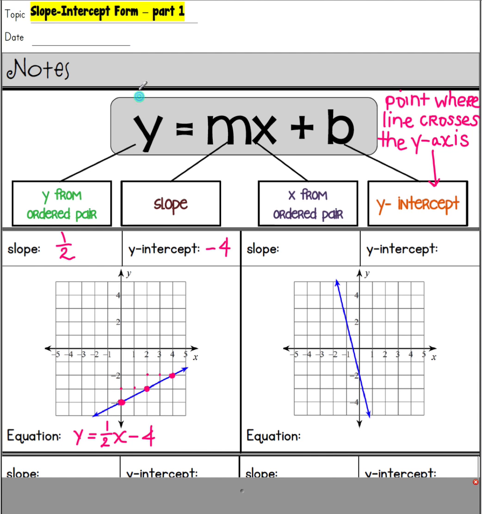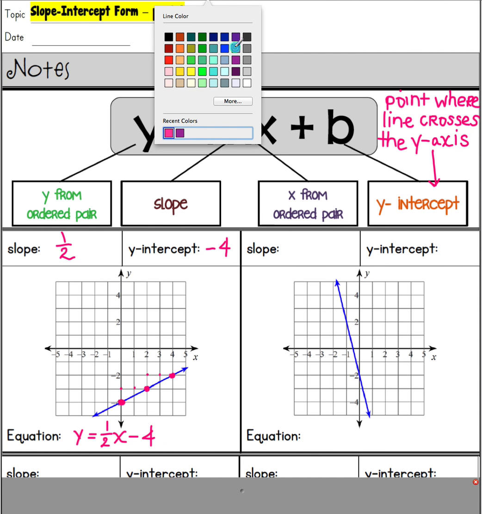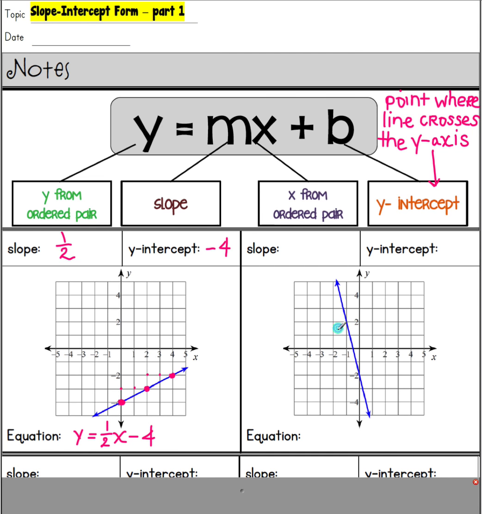On the next one, let's find where our line crosses the y-axis. It crosses the y-axis here at -2. And then we are looking for our slope. It looks like our line crosses an xy value right here, and I don't see any others. Starting with our point on the left, we're going down 1, 2, 3, 4, and we are going over 1.